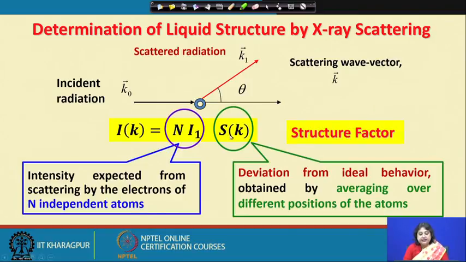So, S of k tells us about the deviation from ideal behavior, and this is obtained by averaging over different positions of the atoms. And please remember that the X-rays are being scattered by all the Z electrons associated with each atom present in the sample, and therefore, this S of k contains an averaging over contributions from all electrons originating from different atoms whose positions are correlated with each other.